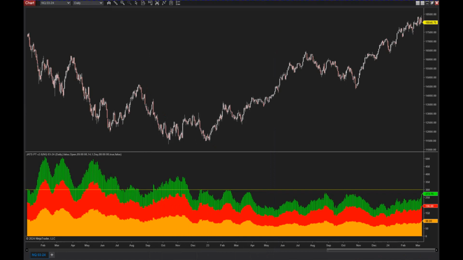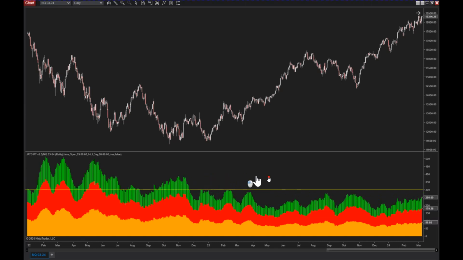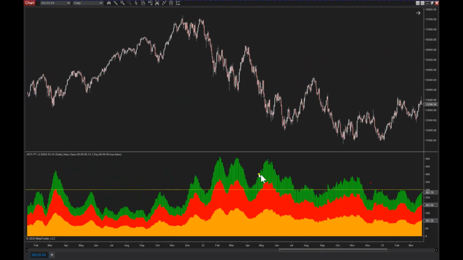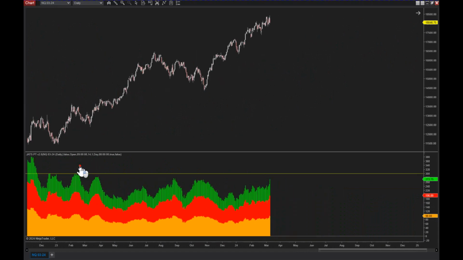So you can see that we've been contained under 300 for range expansion all the way back a year. I mean, all year it has not hit 300. The entire 2023, in fact. So 2022 was the high vol period, and 2023 was the low vol period.